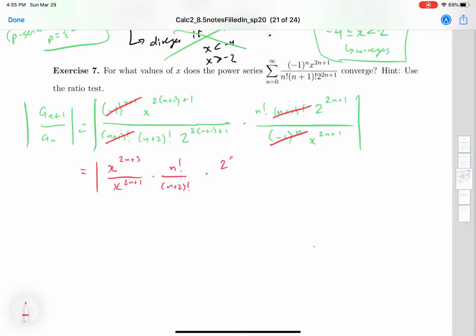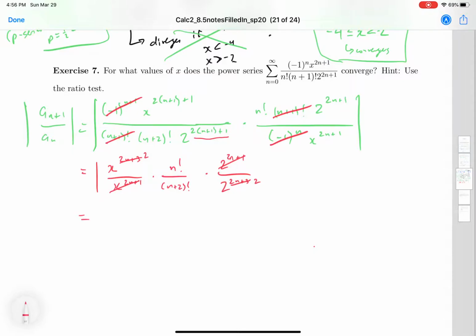And then I've got a 2 to the 2n plus 1 divided by 2 to the 2n plus 3, because when I multiply out this 2 times n plus 1 plus 1, that'll give me 2 to the 2n plus 3. So this is all going to cancel out with what's on the bottom, except for 2 of those 2's. Because if I've got 2n plus 3, I've got 2 more 2's on the bottom. And similarly, this is going to cancel out with all that stuff on the top, except I'm going to end up with 2 x's, or an x squared.